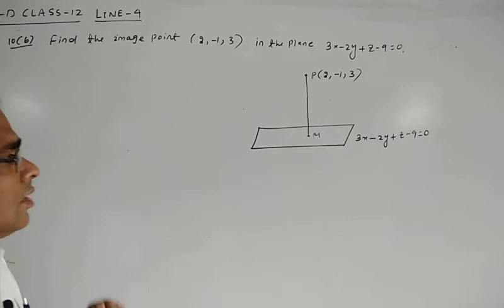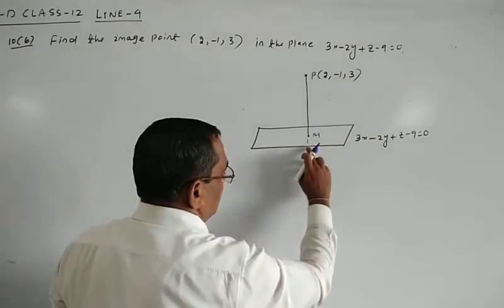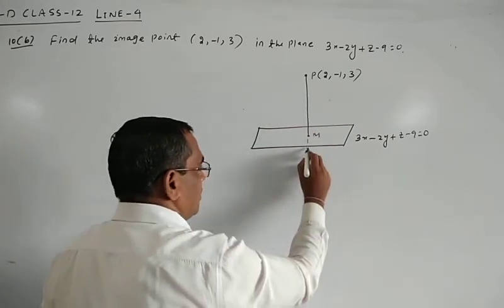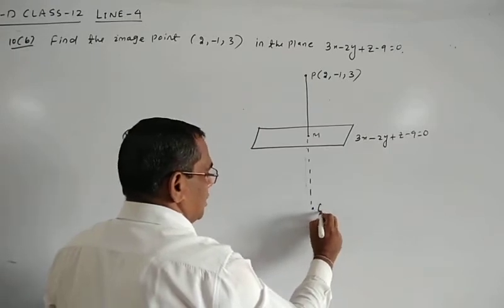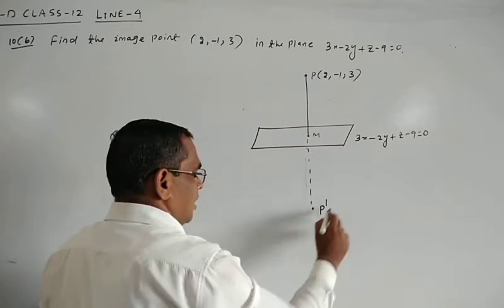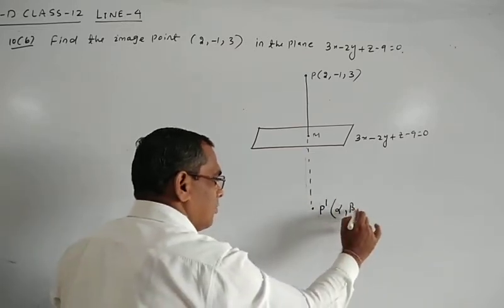Where M is the foot of the perpendicular on the plane, and the image point will lie below the plane at the same distance from M as P. This point is P dash. Suppose P dash is the image point and its coordinate let it be (alpha, beta, gamma).